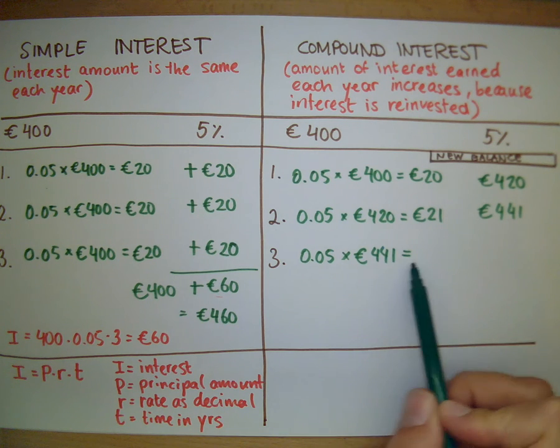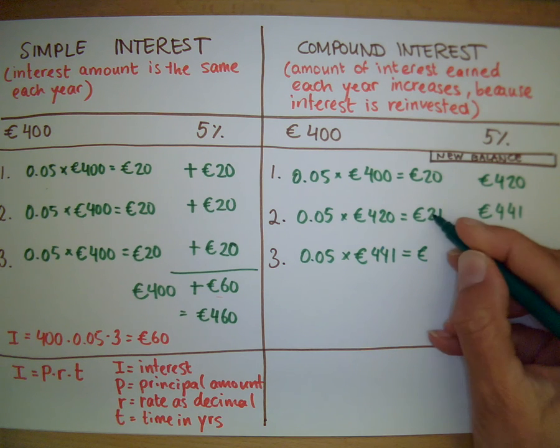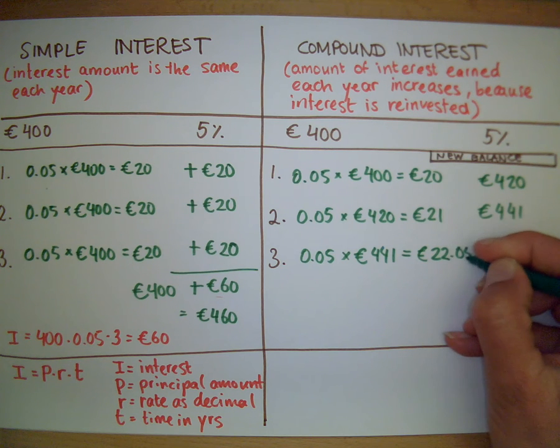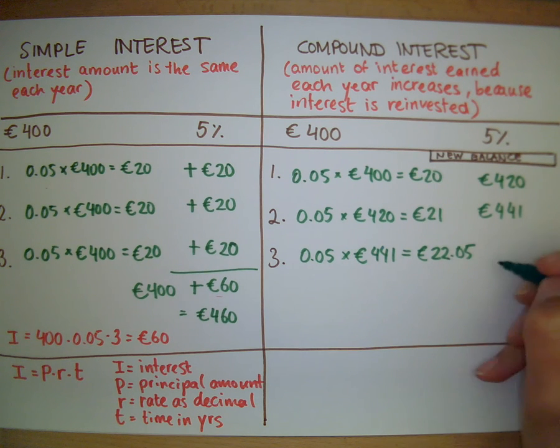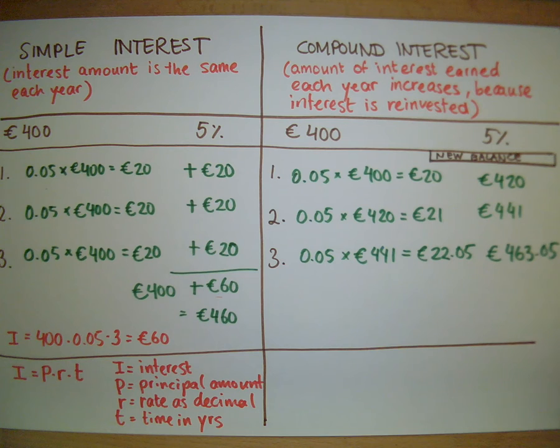So we'll give you 5% of 441. That is a greater amount still, 22 euros and 5 cents. They're going to add that to your account at the end of the third year, and they're going to say you now have 463 euros and 5 cents.